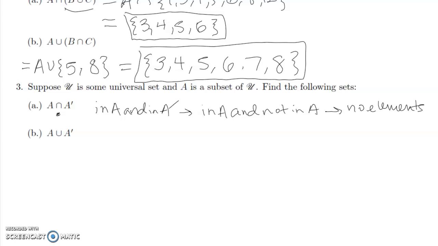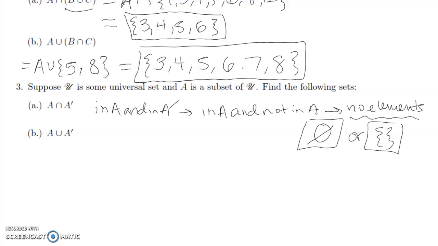So we have to remember, well, what is our set of no elements? Well, it is the empty set. So for part A, our answer is the empty set. Which, remember, you can either use that symbol to denote, or you could write empty curly braces to denote the empty set.